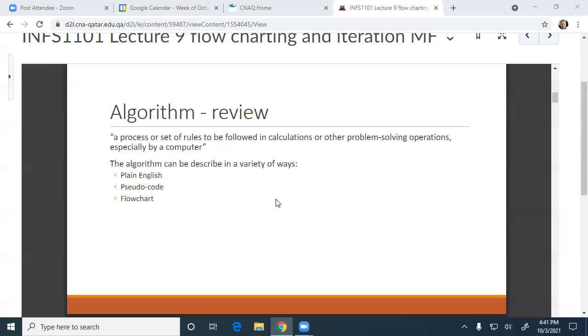Something similar to plain English is pseudocode. In fact, when I first learned about pseudocode, the other thing that we used to call it was structured English. So it's kind of like plain English, except it's structured. That means besides having a begin and an end, we have some special words that we use, like while, do, repeat, until, if, then. Basically, it sounds a bit like computer programming.